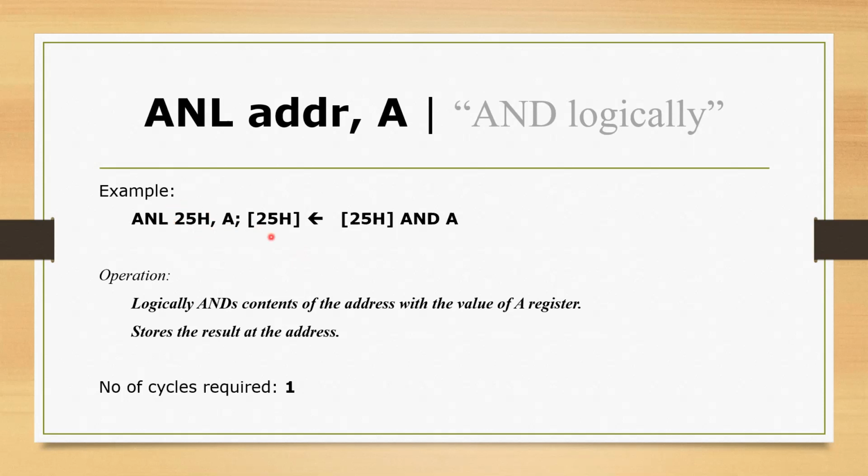So 25 hex location is the destination. We do the AND operation between the content of 25 hex memory location and the content in A register, and the result is stored in 25 hex memory location. So logically it ANDs the content of address with the value of A register, and stores the result at the address. Number of cycles required is 1.